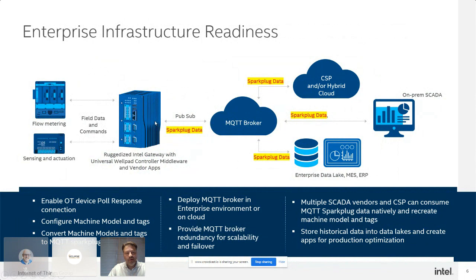But then we want to have an organized, scalable, resilient, standards-based way of moving that data to wherever it needs to go, right? And we put three categories of where it needs to go. Those would be cloud service provider systems, whether hybrid or fully in the cloud, for data pipeline and analytics primarily.